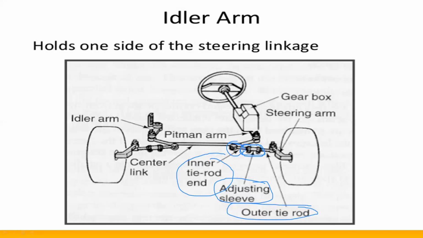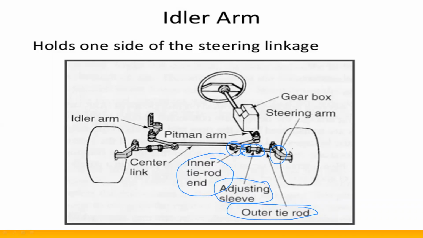Okay, and the next linkage is steering arms. The steering arm is connected to the outer tie rod end and then directly to the wheel.